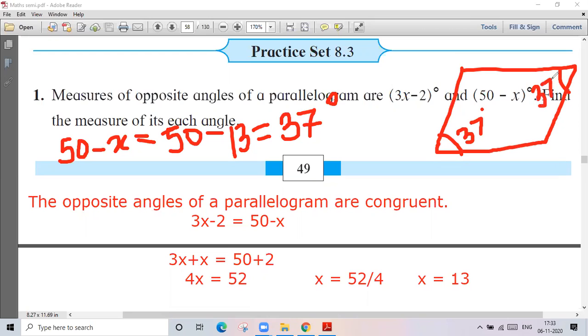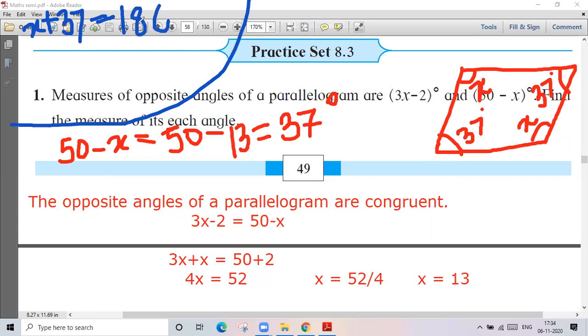Now what remains? We have to find this angle. Suppose this is x, then this angle is also equal to x. So here x and 37 are supplementary angles. Therefore x plus 37 is equal to what? 180, because adjacent angles are supplementary, right?